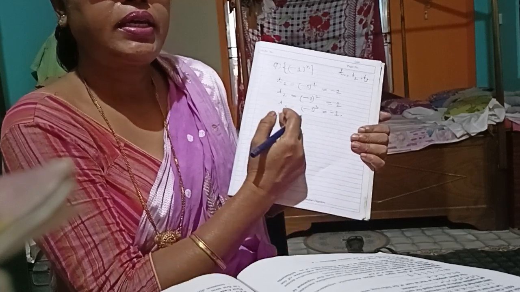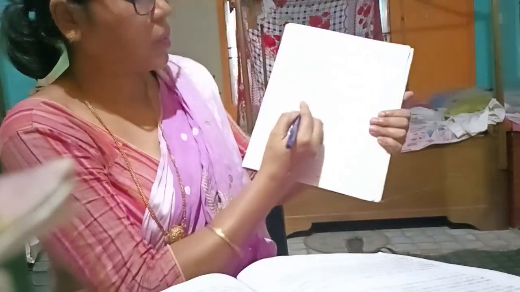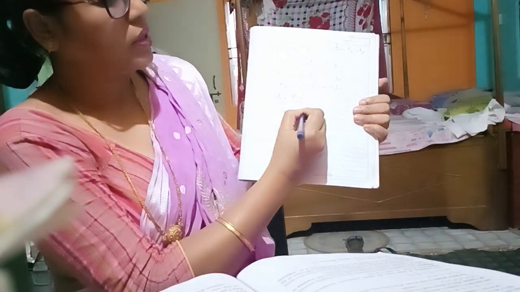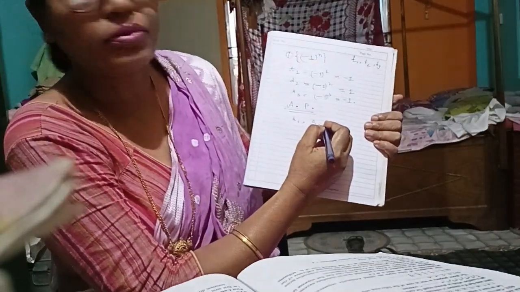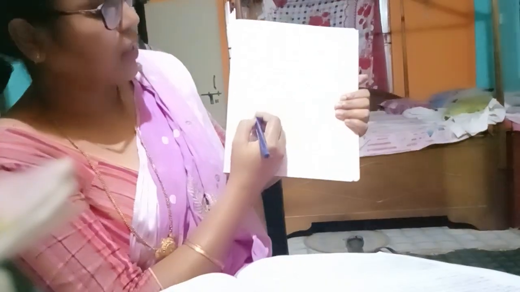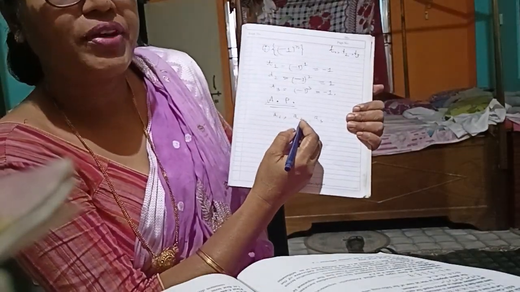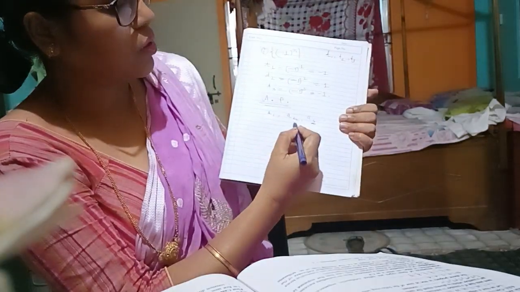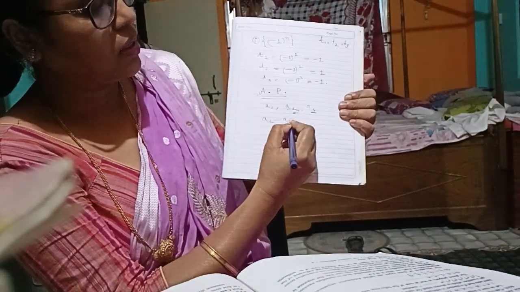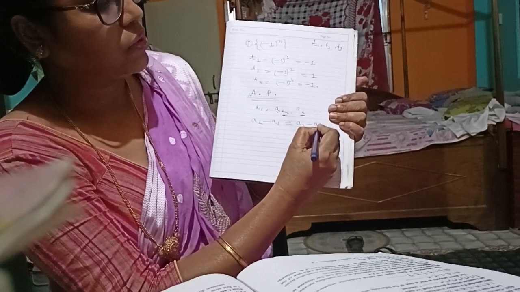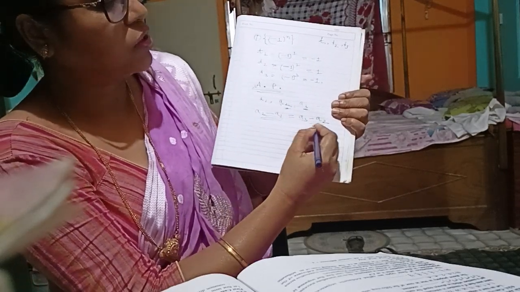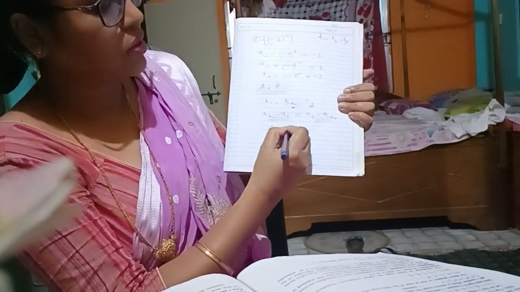These are the terms A1, A2, A3, etc. If A2 minus A1 is equal to A3 minus A2, that means the difference is constant.